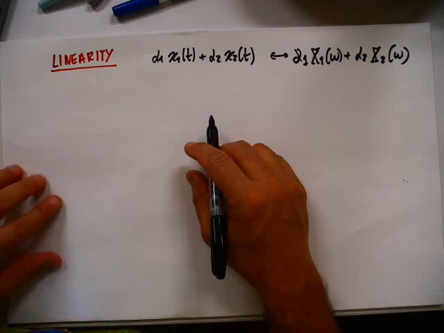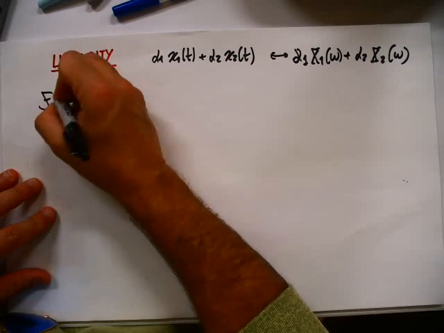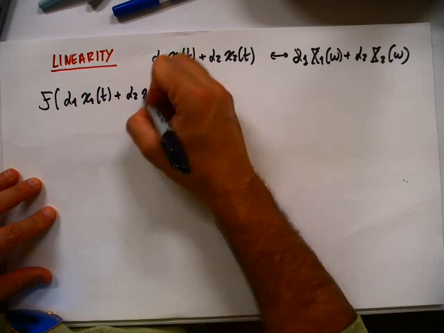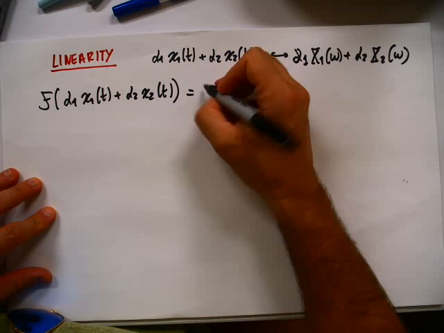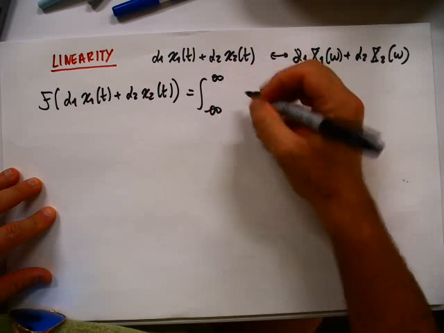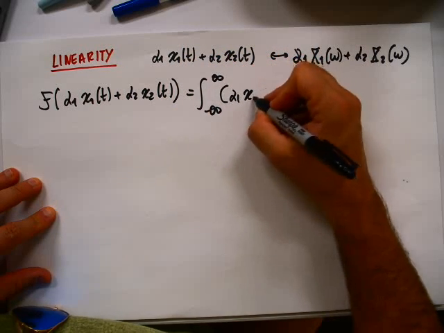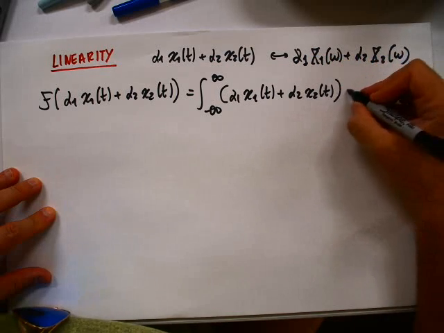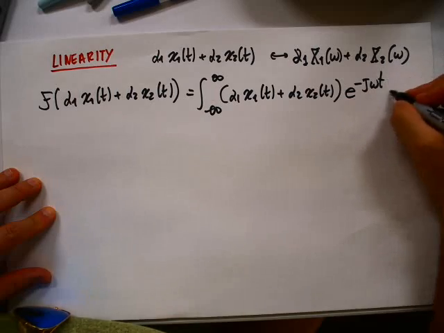Indeed, the Fourier transform of alpha 1 x1 of t plus alpha 2 x2 of t is equal to the integral from minus infinity to infinity of alpha 1 x1 of t plus alpha 2 x2 of t times e to the minus j omega t dt.